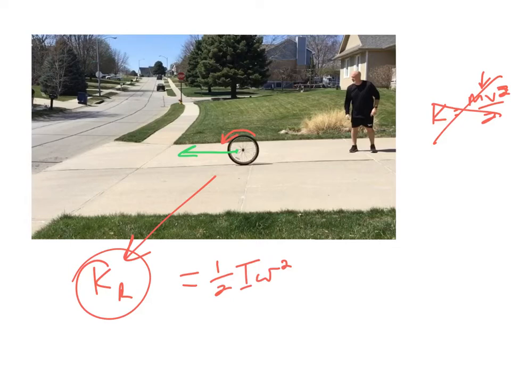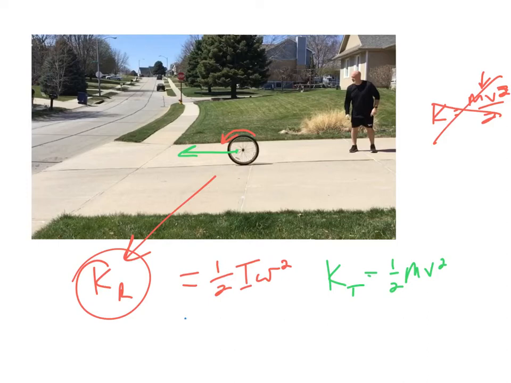So not only does it have rotational kinetic energy by spinning, it also has linear, or what's known as translational kinetic energy, by virtue of that mass moving translationally, or in other words, in a line.